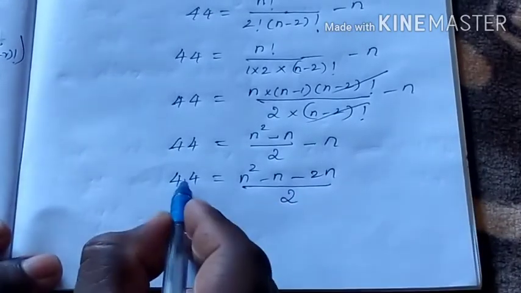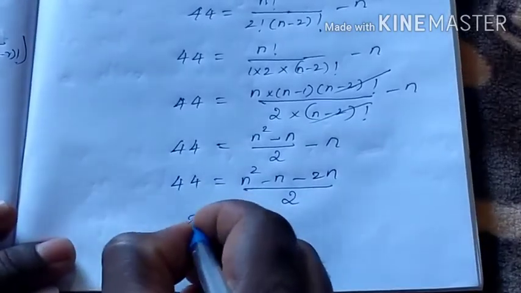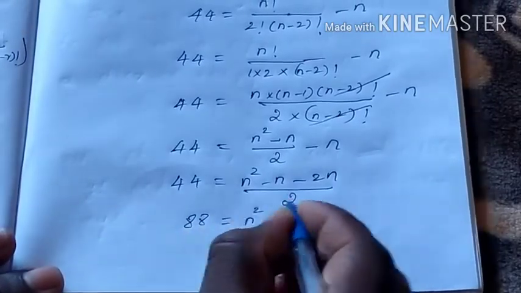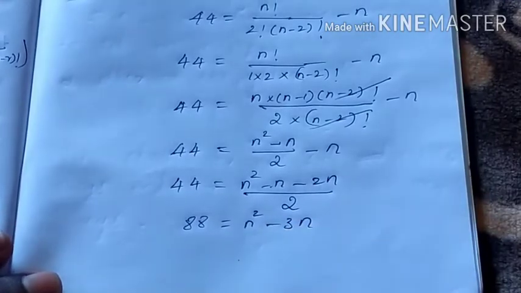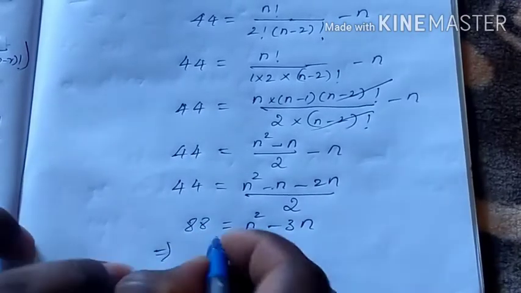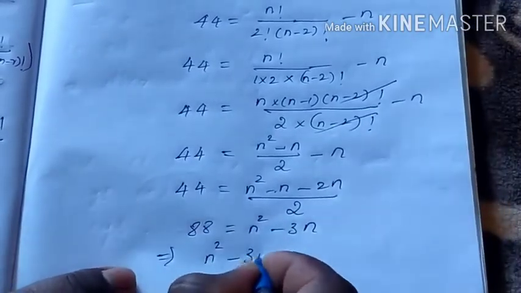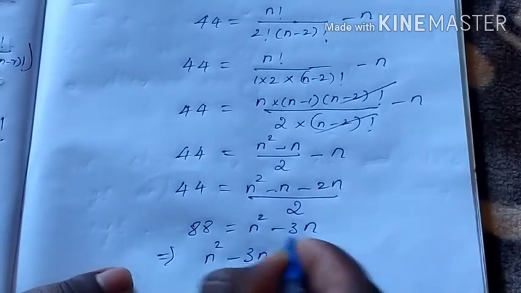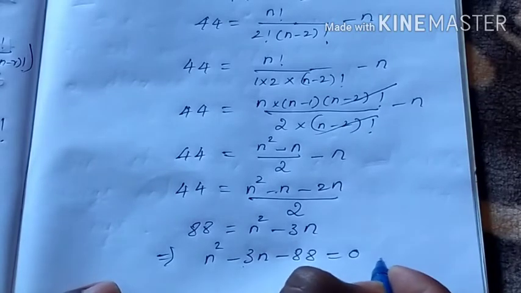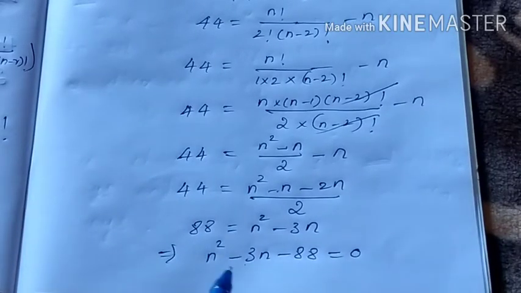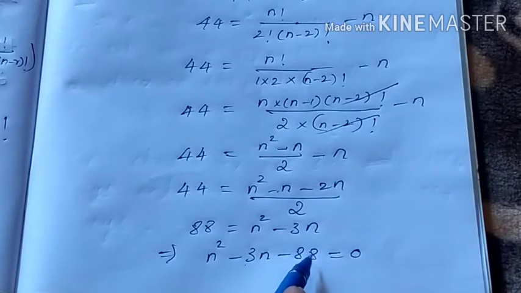Making the transposition, 2 into 44 is 88, equal to n square minus n minus 2n, totally minus 3n. Which implies n square minus 3n minus 88 equals 0. So now we get the quadratic equation n square minus 3n minus 88 equal to 0. Then factorize to get the value of n, that is the number of sides.